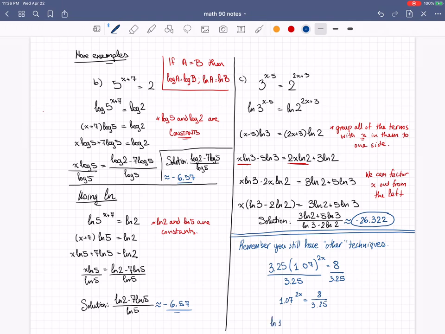So the log of 1.07 to the power 2x is equal to the log of 8 over 3.25. Notice that I'm using natural log for ease of writing. Even though I'm calling it log, it's perfectly fine to use natural log. By properties of logarithms, the 2x pops out.